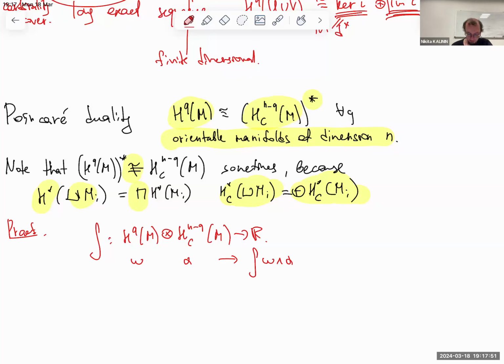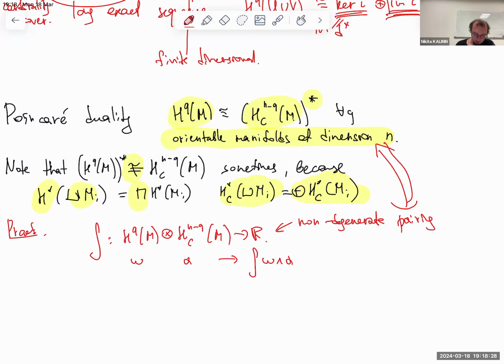That will be our pairing. This pairing is non-degenerate, and that's equivalent to the statement, right? Non-degenerate pairing means that for any class which is not zero, there's another class which is not zero such that the pairing is not zero. That's exactly the statement.